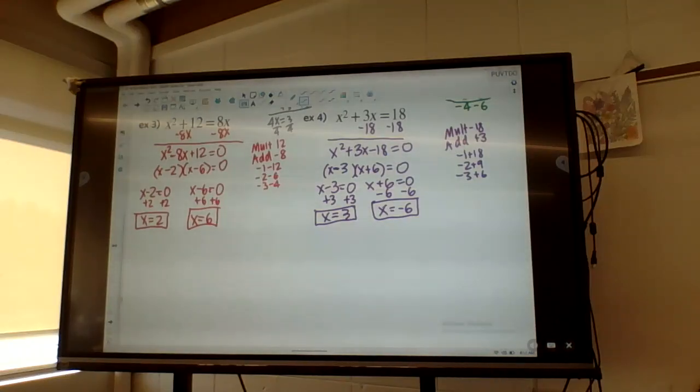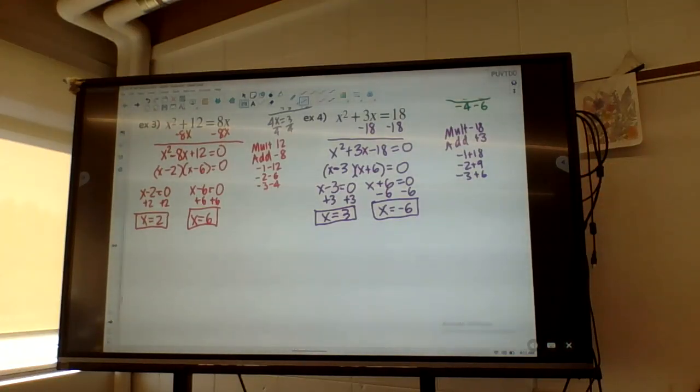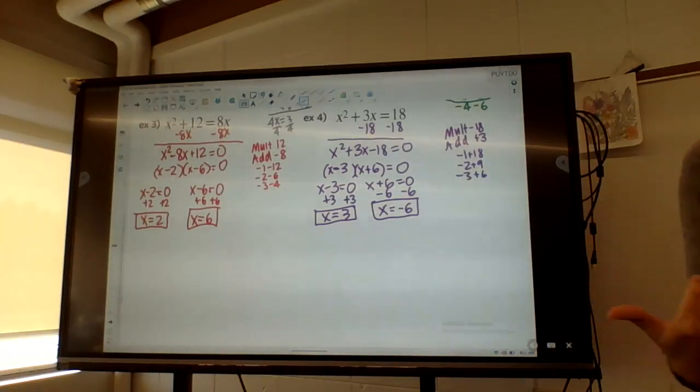And I'll tell you guys, these 4 questions are very similar to what our test looks like for these types of questions. There's 4 questions, almost identical to this, just trying to show that you know how to factor each of these ways and that you can solve once we factor. Okay? So that's what our homework is going to look like tonight. The rest of our notes, I just wanted to do some practice problems with you guys beyond that.